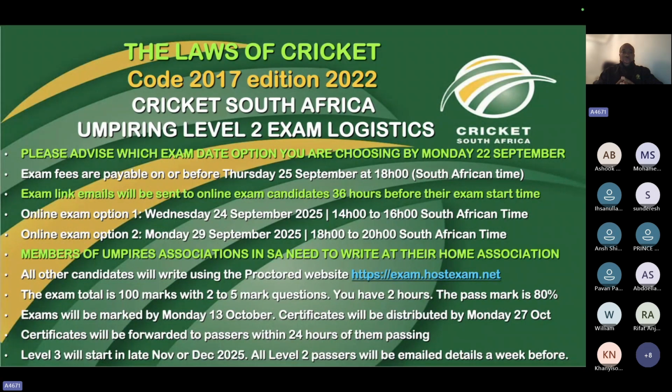We need to contact our exam provider, and they need to enroll you for Cricket South Africa's Level 2 exam. We need to email them by Monday, the 22nd of September.